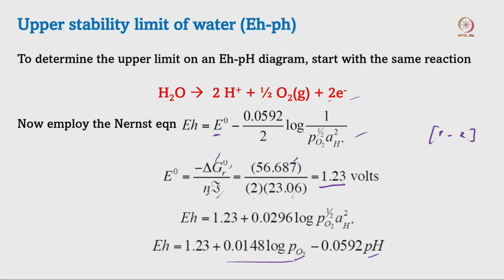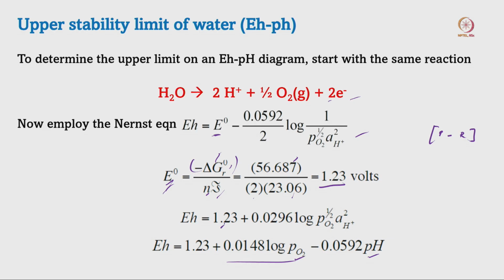Again, if I just repeat what we did, we wrote first the equation, then we wrote the Nernst equation in terms of EH. We always have to find out the E0 value. To find that E0 value, you calculate the delta G0 R, the free energy of the reaction, if that is not provided, and plug that in.